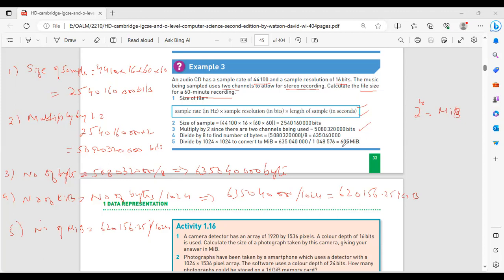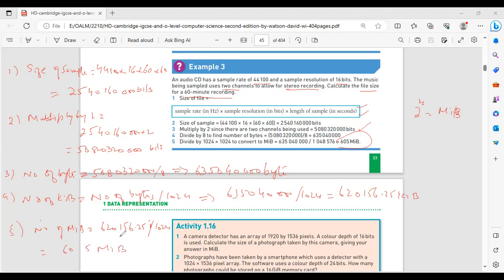If you divide this, the answer is 605 megabytes.